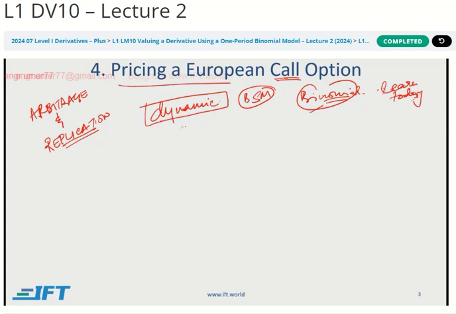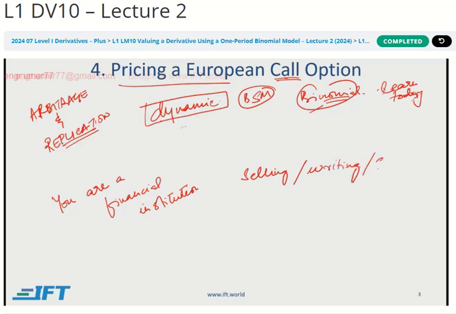So what we basically do is, let's say you are a financial institution and you are a market maker of options, which means you are selling or writing or shorting options, or let's say specifically call options, which means you will receive the premium.